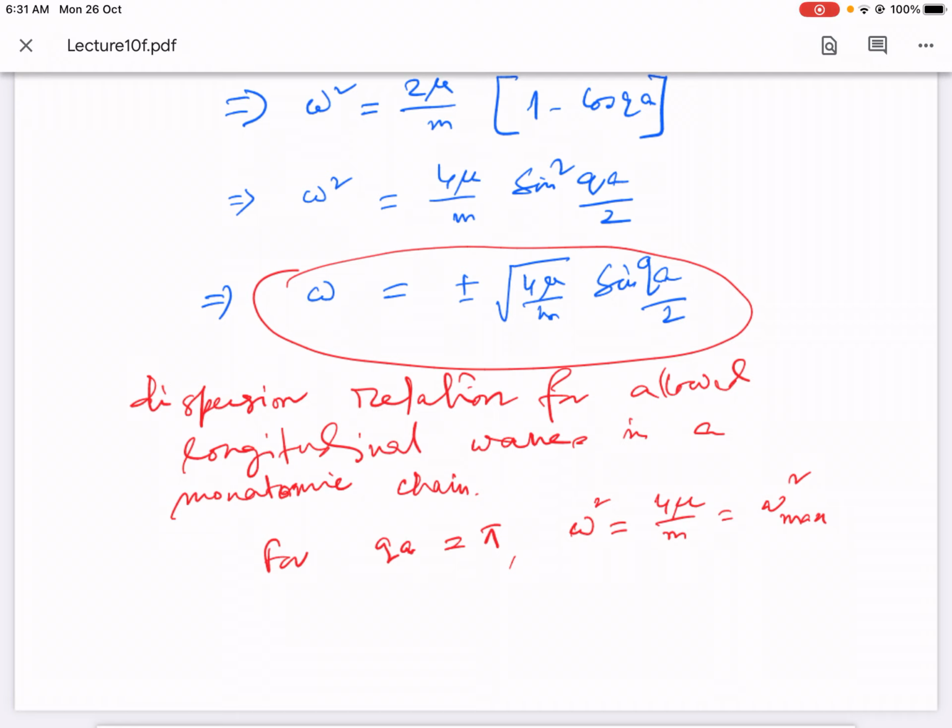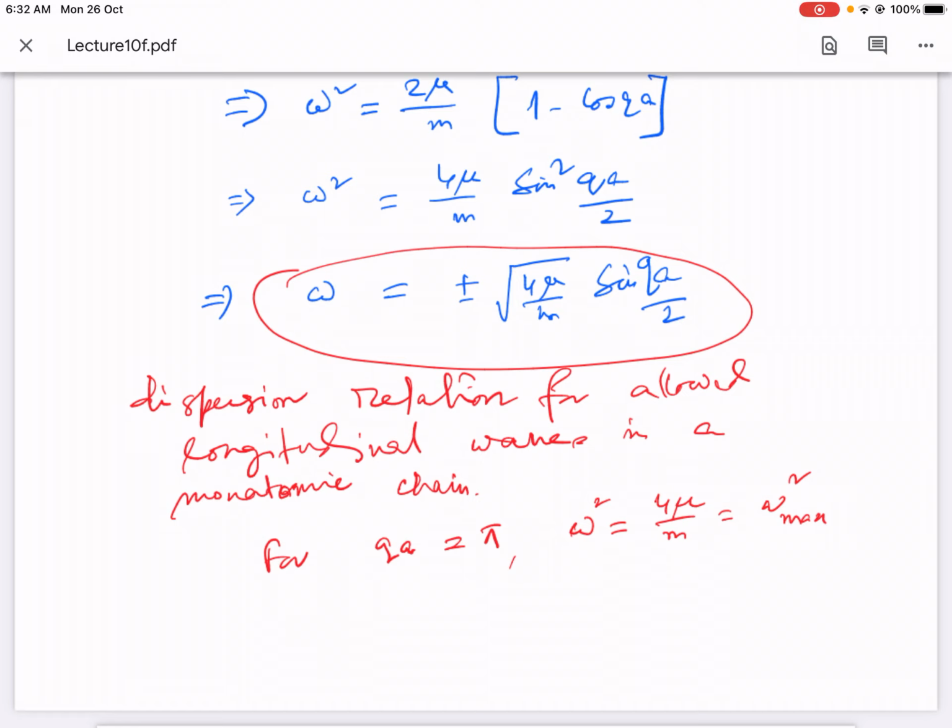Here we are interested in the frequency of phonons, so we write it in terms of omega, but energy is h cross omega, so that's the same thing. So omega versus q is the dispersion relation for allowed longitudinal waves in a monatomic chain of lattice. Because of the presence of this sine function, omega is oscillatory.